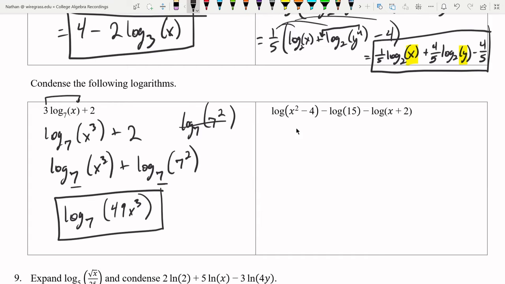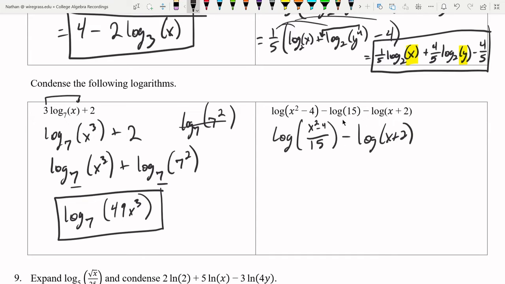Okay, the next one has log base 10 for all of these. I have a subtraction here, so we're going to do log base 10 of x squared minus 4 over 15, minus log of x plus 2.